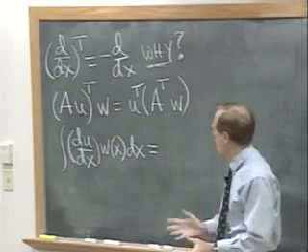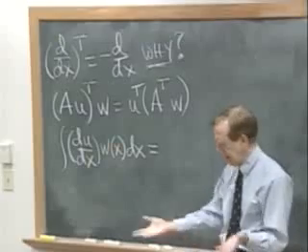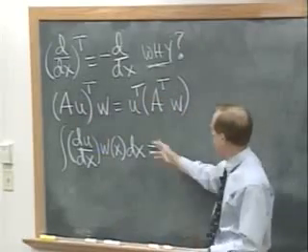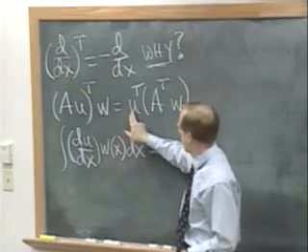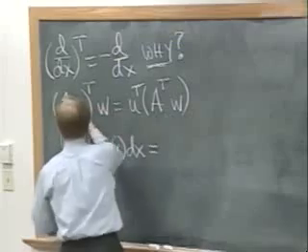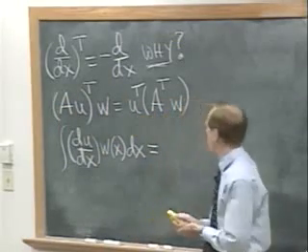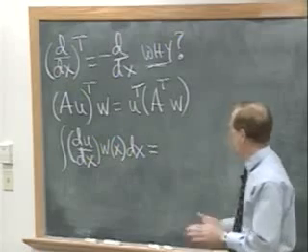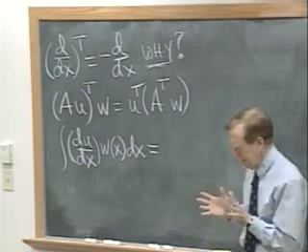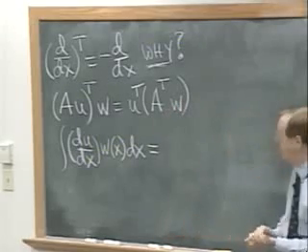Okay. Now, the point about matrices, which we can just check by expanding out all the little terms, is that that expression is really, if I write it out, U transpose A transpose W. And the point about these matrix operations is that I can put the parentheses in there if I want to.